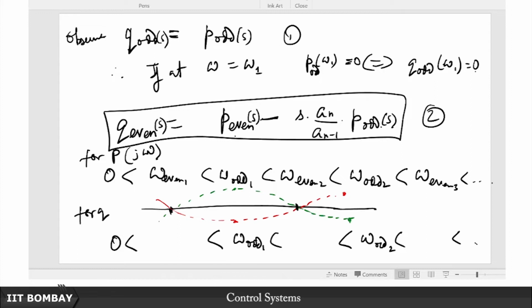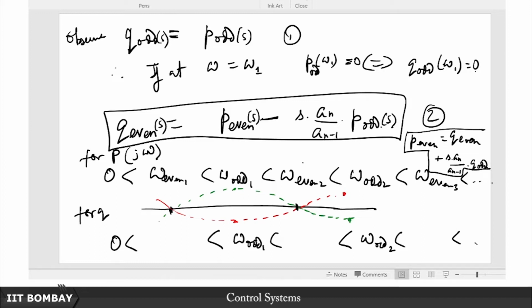In the second expression we would just write P even is equal to Q even plus s_n by a_{n-1} times P odd and then substitute P odd by Q odd. So basically that would tell us that P even is equal to Q even plus s_n upon a_{n-1} into Q odd. So that is the inverse map in some sense, right.